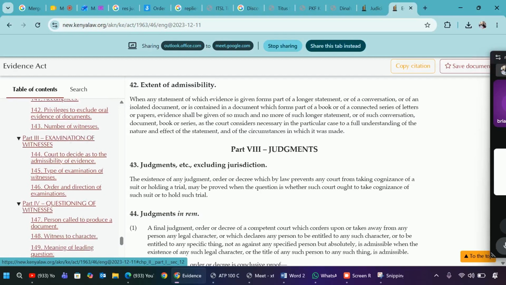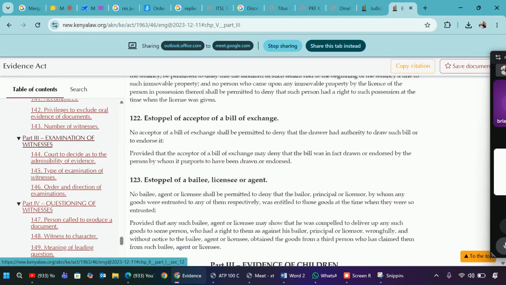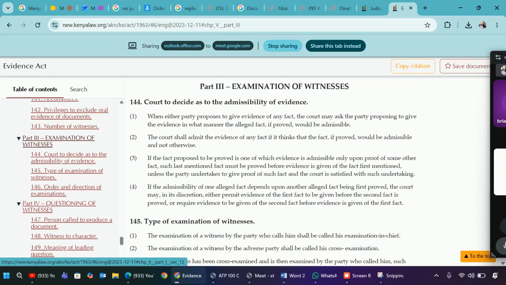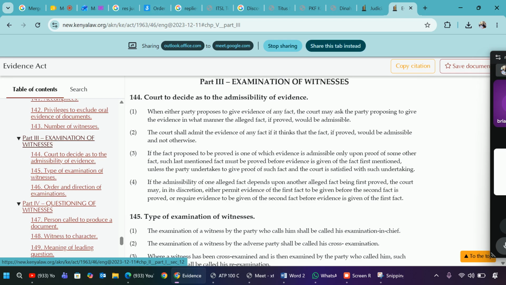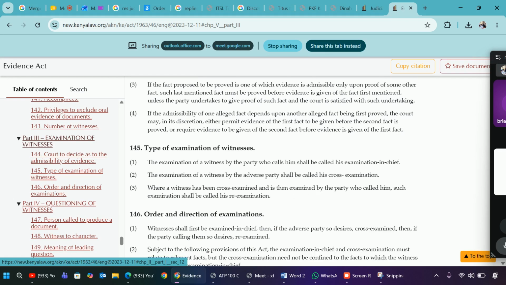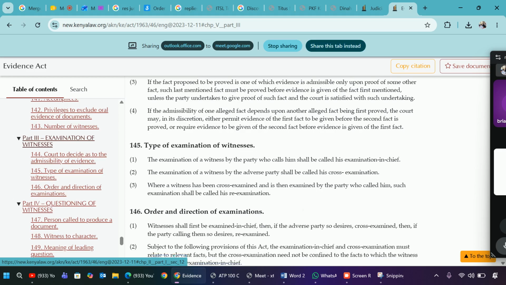The Evidence Act is very critical. The examination of witnesses is in Part 3 of the Act. So let me read briefly. Section 144 provides for the courts to decide as to the admissibility of evidence. Then we have section 145, which provides for the types of examination of witnesses.